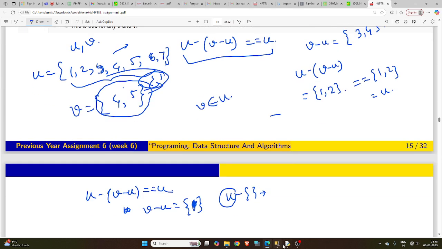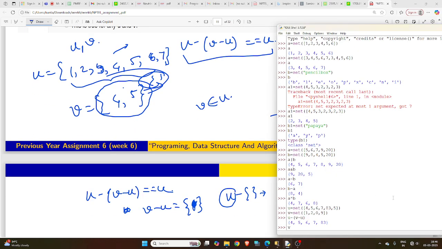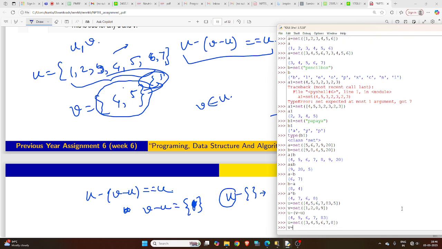I can tell you this one. Let's say I am writing here U equals the set 3, 4, 5, 6, 7, 8 and V is the set 6, 7.